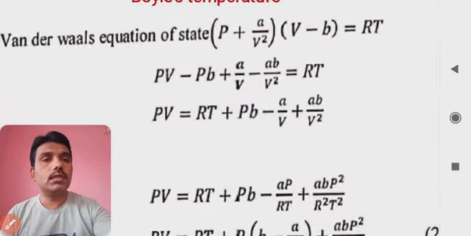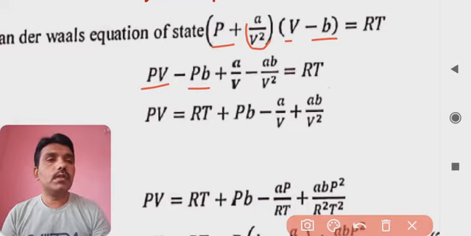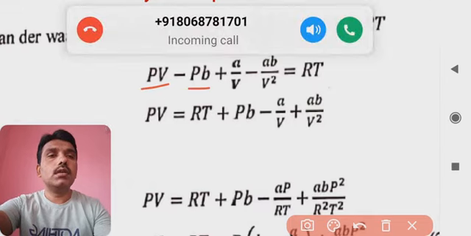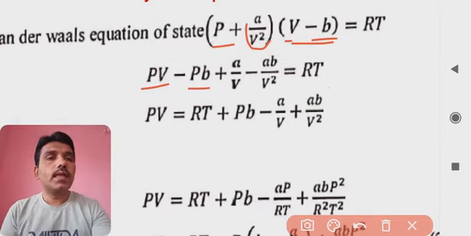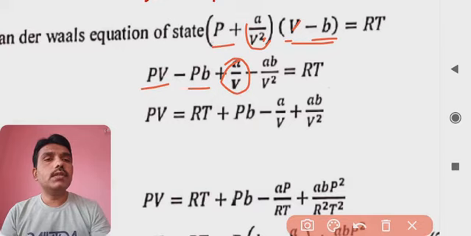So P into V, that is PV, again P into minus b, that is minus Pb, plus now this a by V square will be multiplied with this bracket, a by V square into V. One V and this square means one V get cancelled and a by V will be remaining. So the value will be a by V, minus again a into b by V square, is equal to RT as it is.